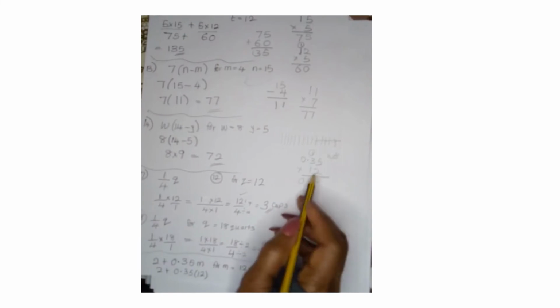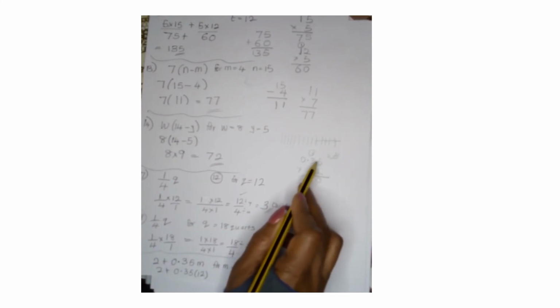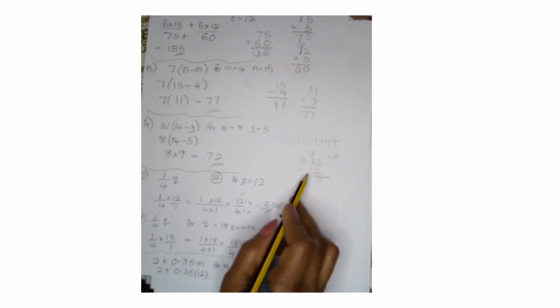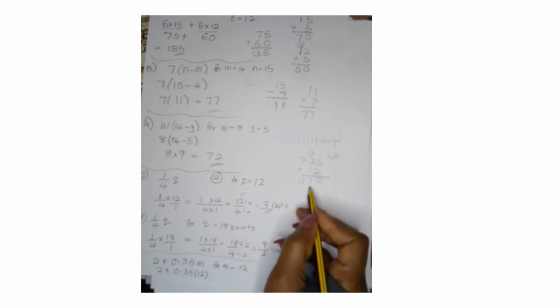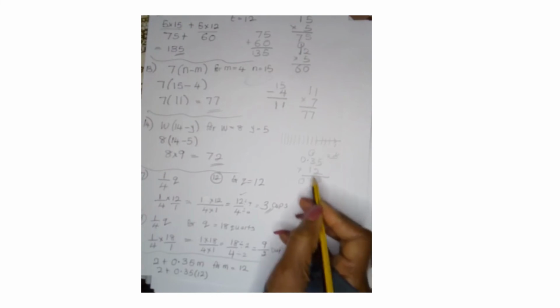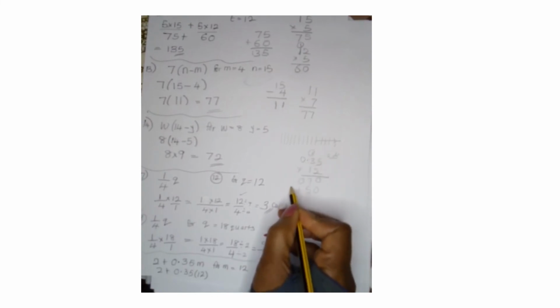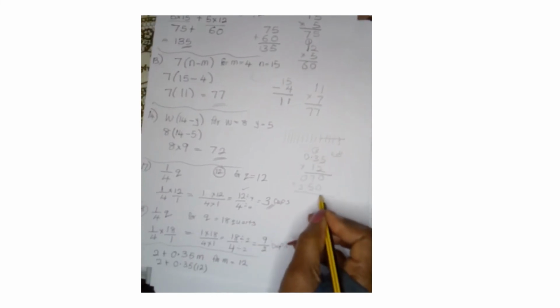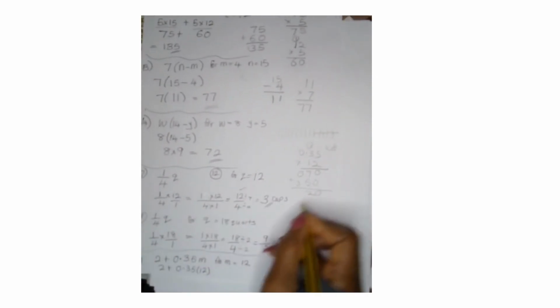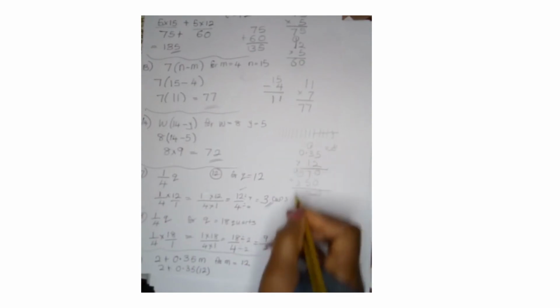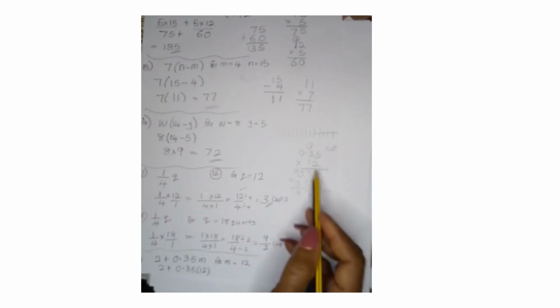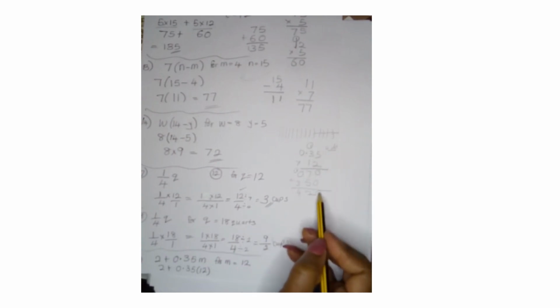Okay, so we finish multiplying: 2 times 5, 2 times 3, and 2 times 0. So we come down to 1. 1 times 5, you write 5. 1 times 3, you write 3. Then you're going to add them together. 0, 2, remainder 1, 4. So how many decimal places? 2.